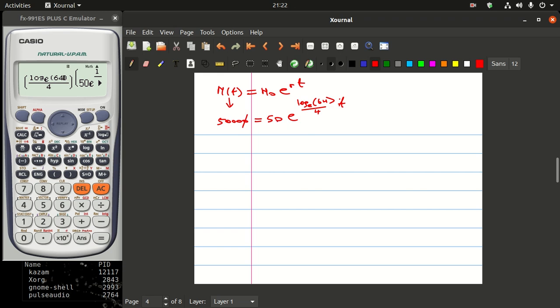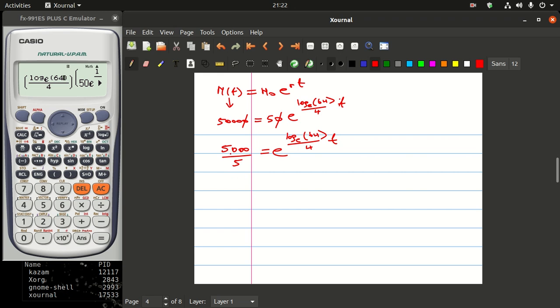I have a 0 there, I have a 0 there, I can cancel it out, and then I can divide both sides by 5. I will have 5,000 divided by 5 is equal to e raised to log e 64 all over 4 times t. And then what is the answer here?